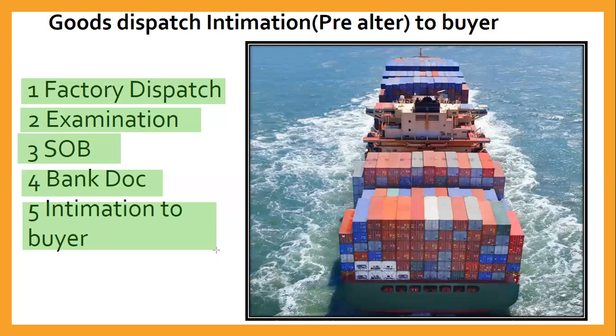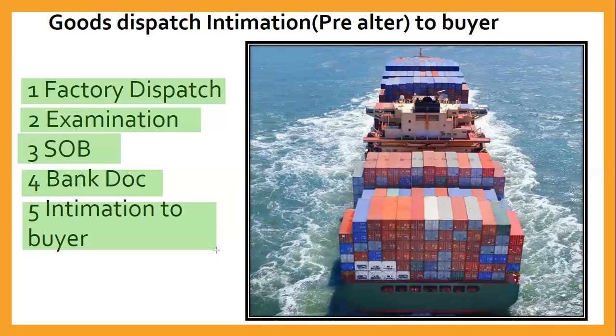So you have to send a scanned copy as an intimation. We need to share the ETA and ETD details with the buyer along with documents like the commercial invoice, packing list and BL, which can be used at the destination for import clearance. The main motive of this session is to intimate the buyer.